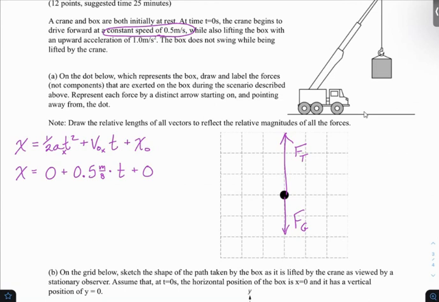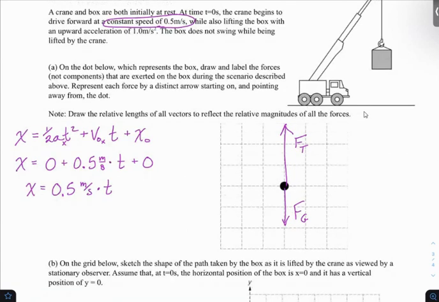And I started at a position of 0. So what I have left to describe where it is is 0.5 meters per second times time. That's the x direction.